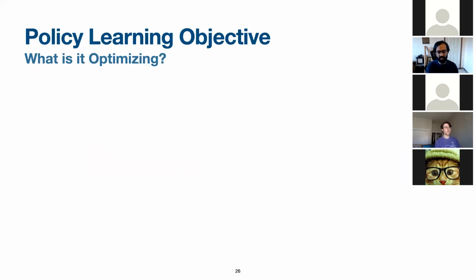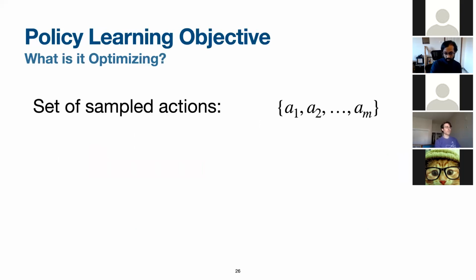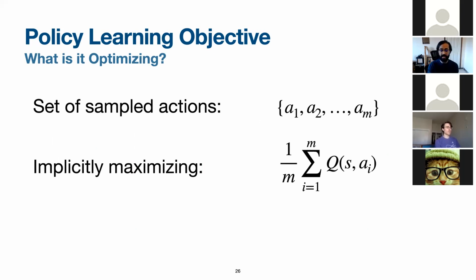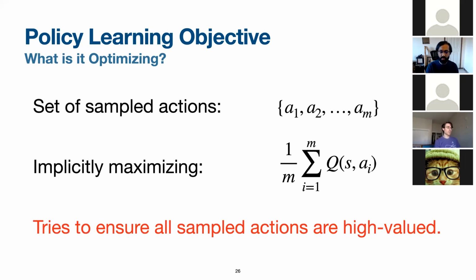But what is this policy actually optimizing? We have a set of sampled actions, A through M, and by mimicking the sampling distribution, what the policy is doing is trying to maximize the sum of the values of the actions. The problem with this is that this tries to ensure that all the sampled actions are high valued.